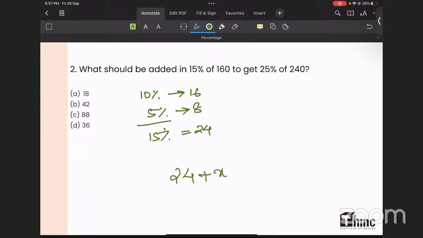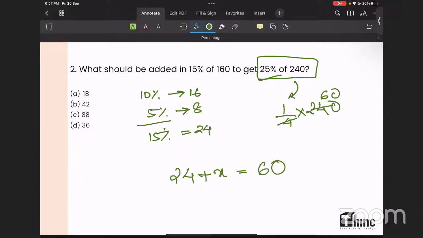X as usual, to get 25% of 240. 25% of 240 means 1 by 4 into 240, which is 60. What should you add to get that? These things will come in the middle of questions where we are discussing salaries, incomes, and such. These will come in design exams.